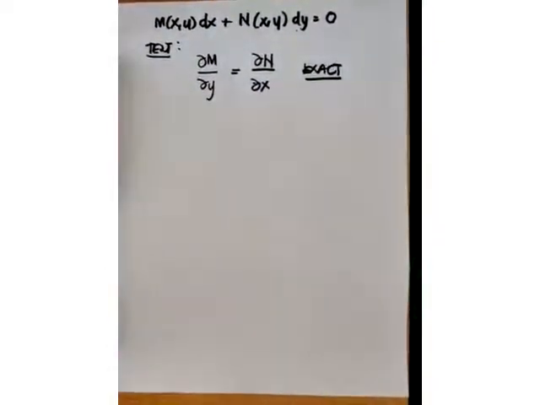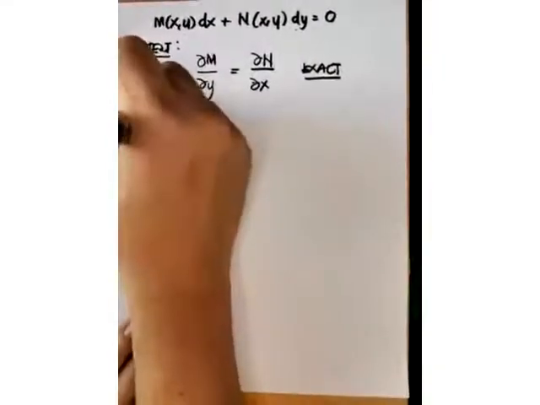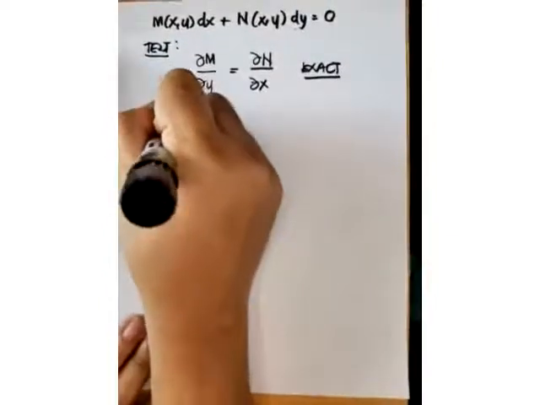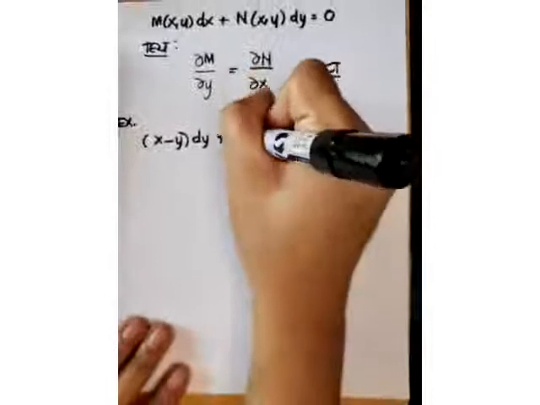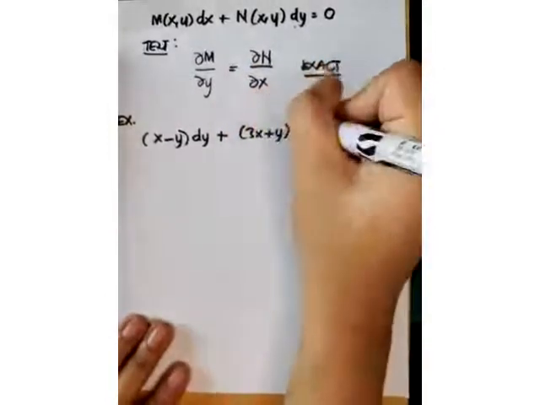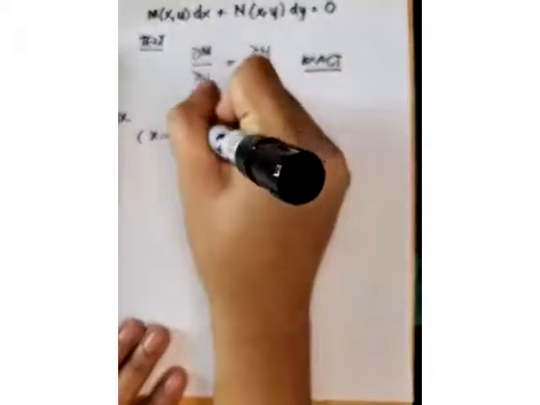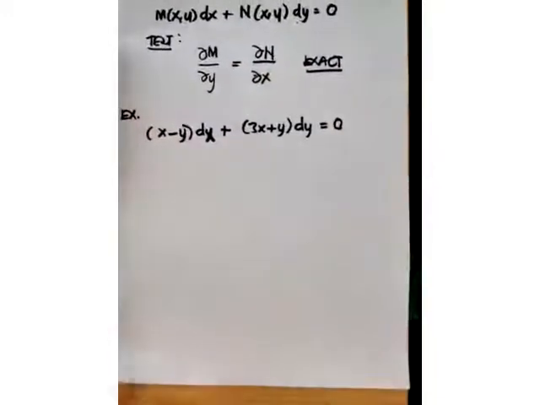Okay, so let's have an example. Example number 1: (x minus y) dy plus (3x plus y) dx is equal to 0. Is this equation exact?